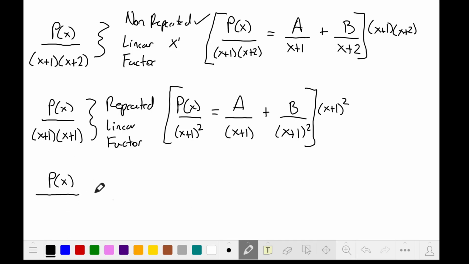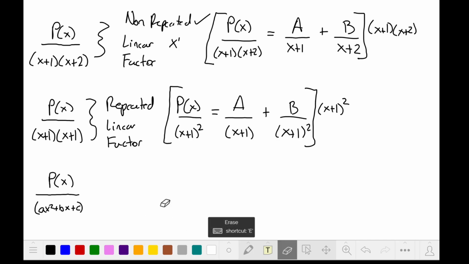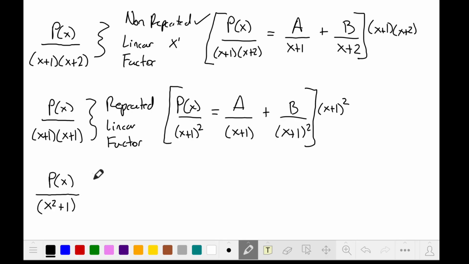All right. Now there's another case where we have p of x. We've factorized the bottom term as much as we can, but unfortunately, we have a quadratic. So we have something that looks like ax squared plus bx plus c, and we can't factorize it anymore. To keep things simple, let's say it looks like x squared plus 1. Now this right here is quadratic.